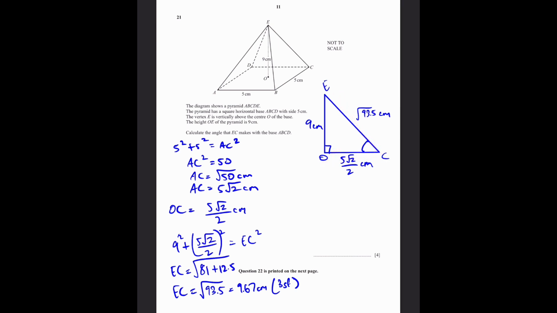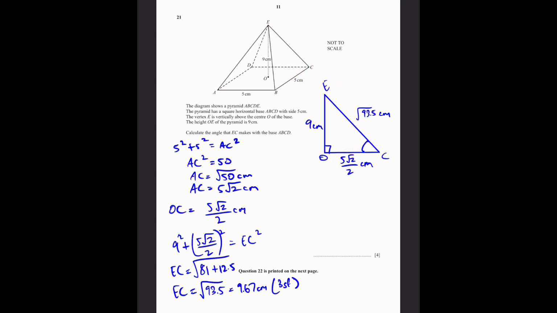And to find that, we can use any trigonometric formula. So we have all three sides. If you want to use sine theta, that will be opposite by hypotenuse, which means 9 by root 93.5 or 9.67. If you want to use cosine theta, that will be adjacent by hypotenuse, which is equal to 5 root 2 by 2 divided by root 93.5.